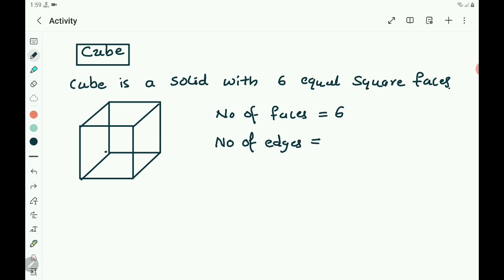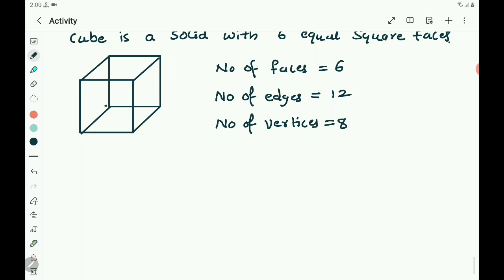Number of edges 12. Vertices 1, 2, 3, 4, 5, 6, 7, 8. How many vertices? 8 vertices. Number of vertices 8.